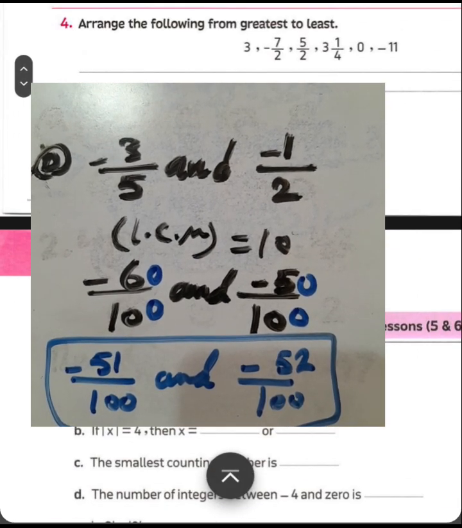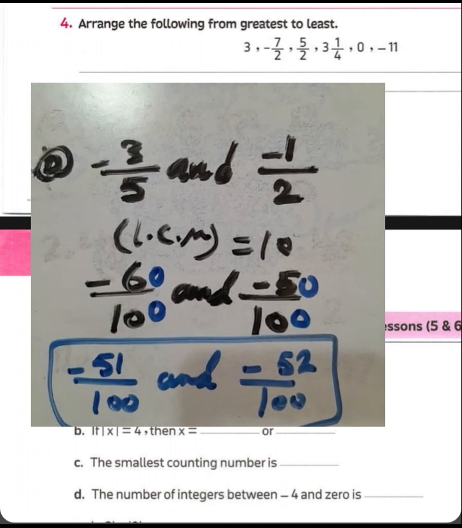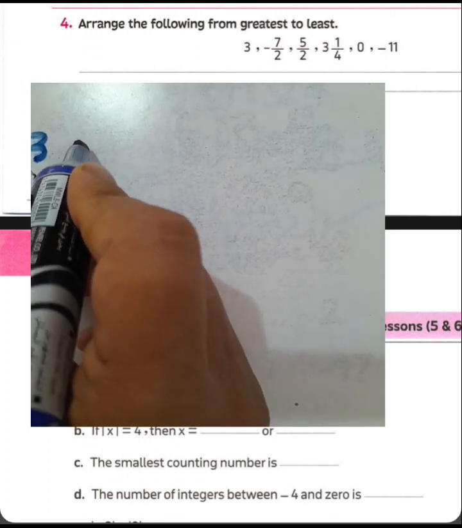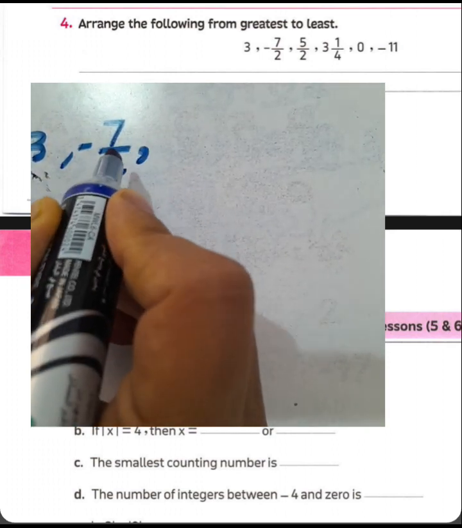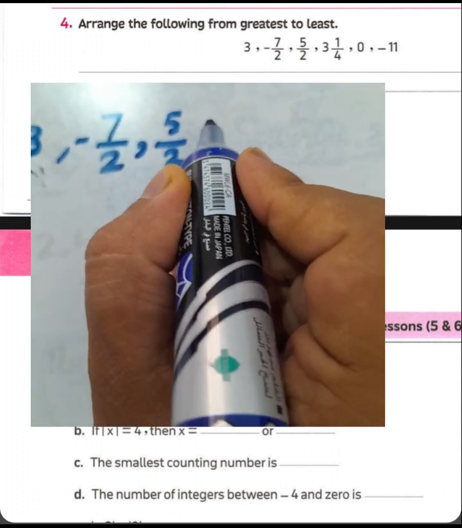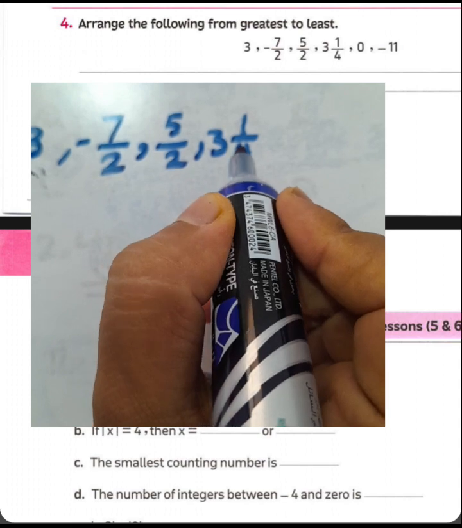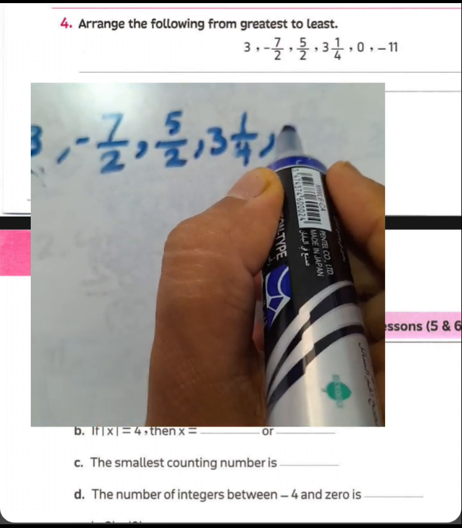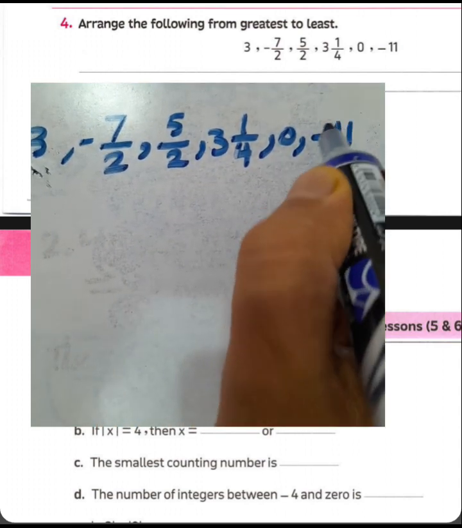Question number 4. Arrange the following from greatest to least. We have a lot of numbers here. Look with me. We have 3, negative 7 over 2, 5 over 2, 3 and 1 over 4, 0, and negative 11.